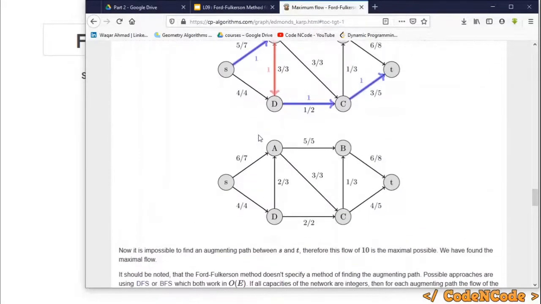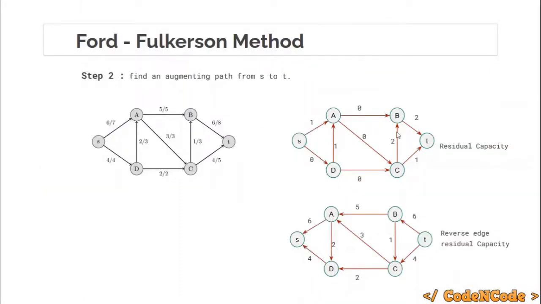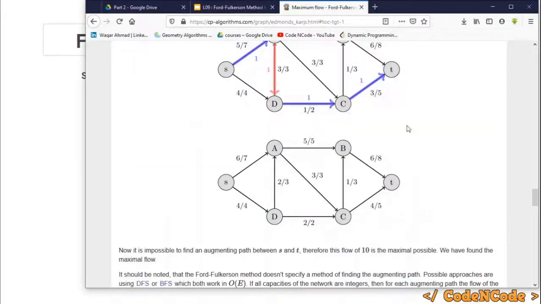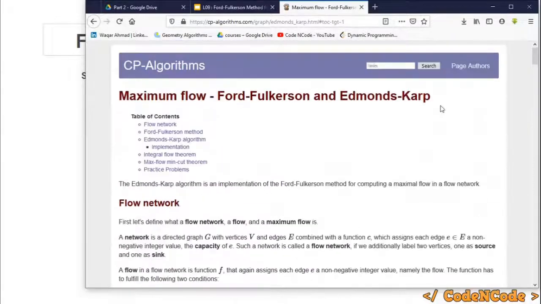So in the next lecture we'll be studying the Edmonds-Karp algorithm. We'll also be implementing that algorithm. In the lecture after that we'll be solving a problem. Then after that maybe I'll make a lecture for the Dinic algorithm. There's one more algorithm to find max flow.